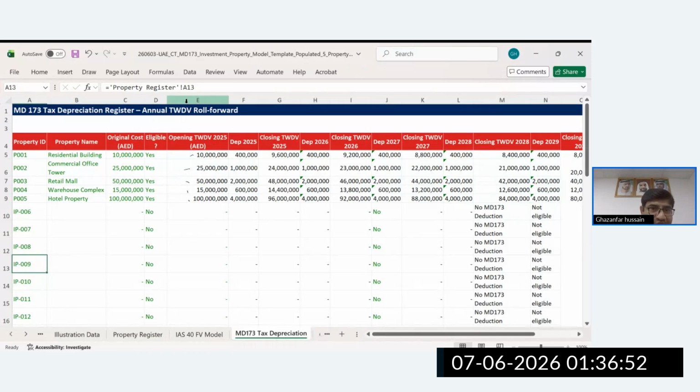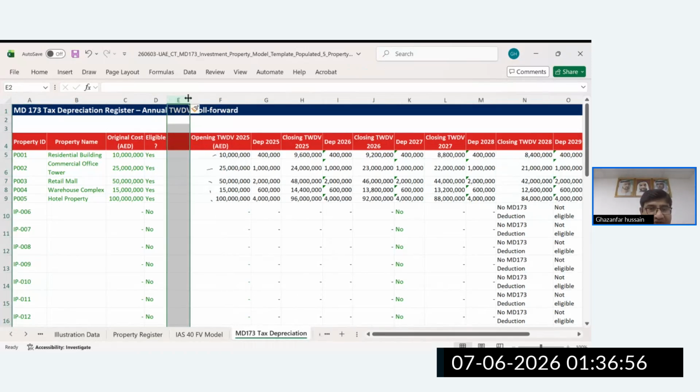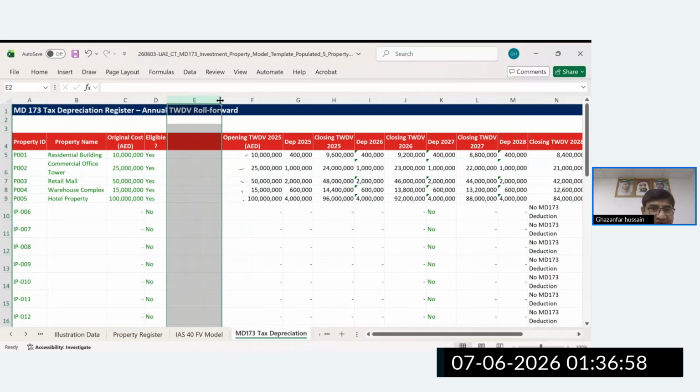So let me add one more. Add this one here. You can also do it in parallel with me. The depreciation before tax period depreciation. How are we going to calculate? We already have the depreciation per year.